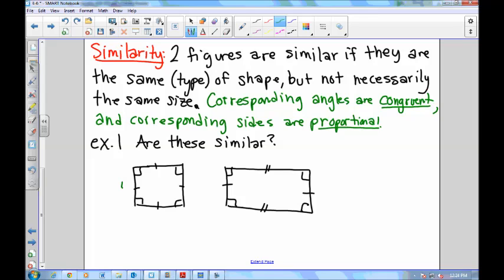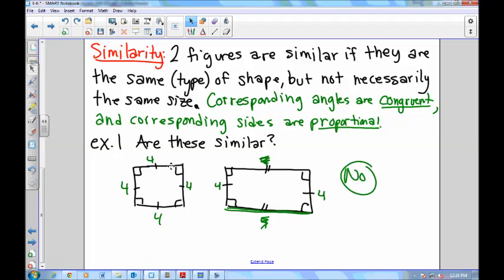If this was a square and I just throw in numbers, they'd all be the same, yeah? If that's 4, and they were proportional, it would be a 1-to-1 proportion. But is this side length also 4? No, it's going to be longer, so it doesn't work. When I was dragging this corner and trying to enlarge it, it would never form a rectangle.